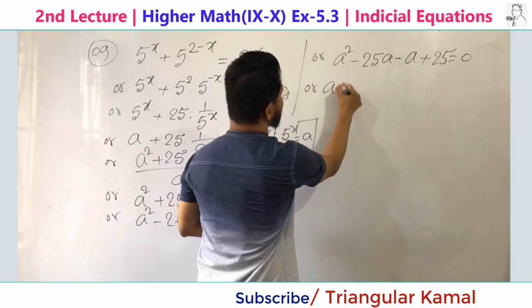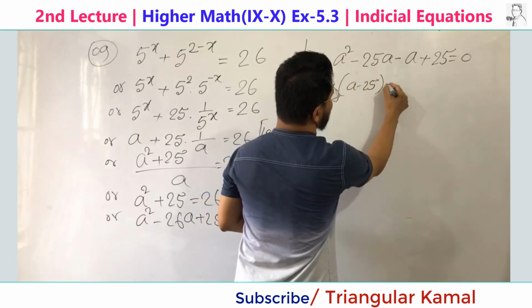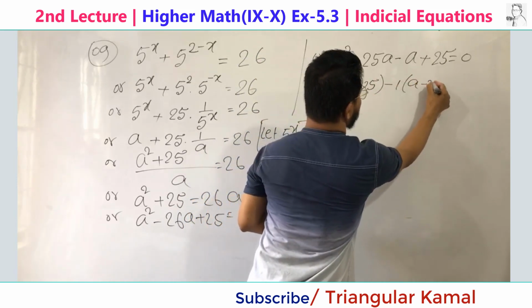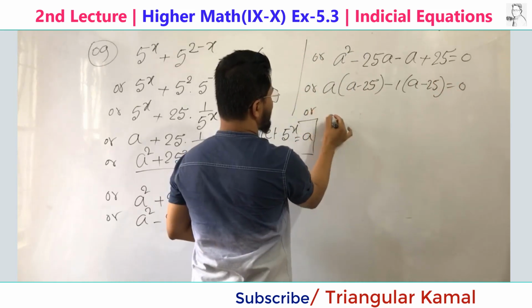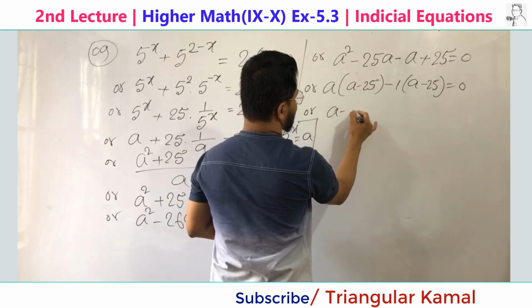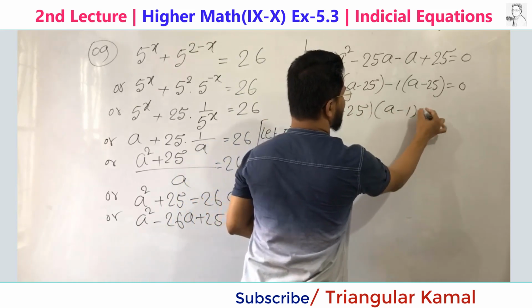Now a is common, you can write a minus 25 here, then minus 1 is common, a minus 25 equals 0. Or you can write a minus 25 is one factor, another one a minus 1 equals zero.